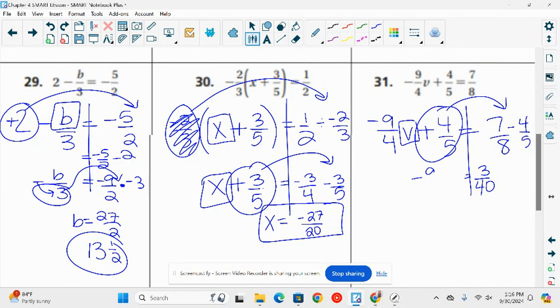Now I have negative 9/4 v. What operation is happening here? Multiplication. The v is touching the fraction. When it's touching, it's multiplication. So when we move it, we have to use division. We have to make sure we put it in the correct order of the calculator. So I should have gotten v equals negative 1/30.